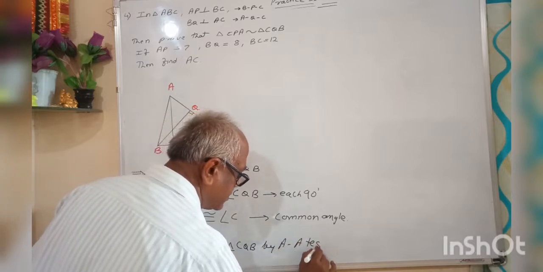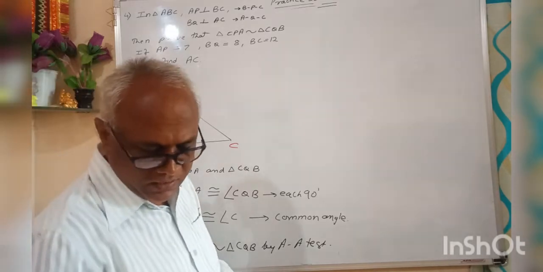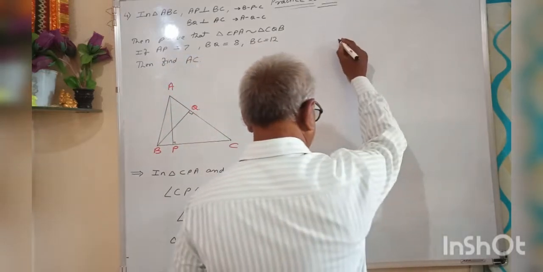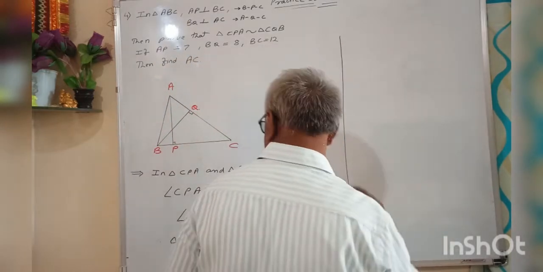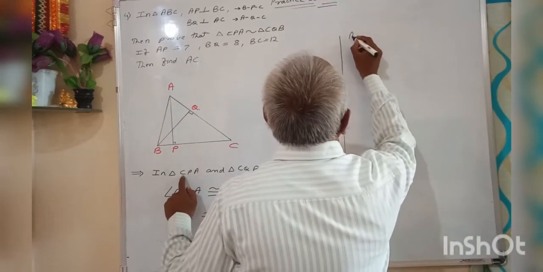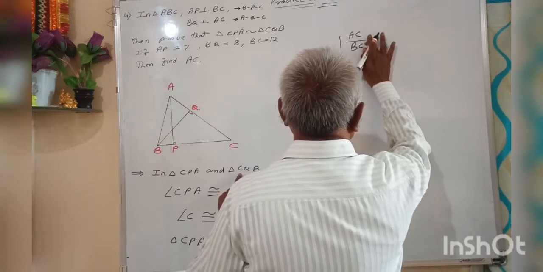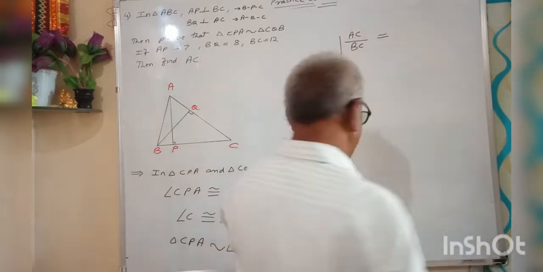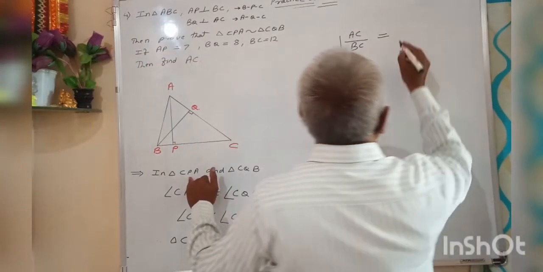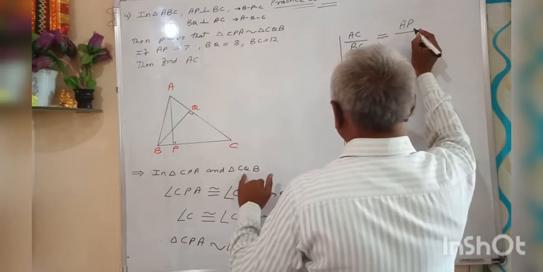If the two triangles are similar, then their corresponding sides are in proportion, that is AC upon BC is equal to AP upon BQ.